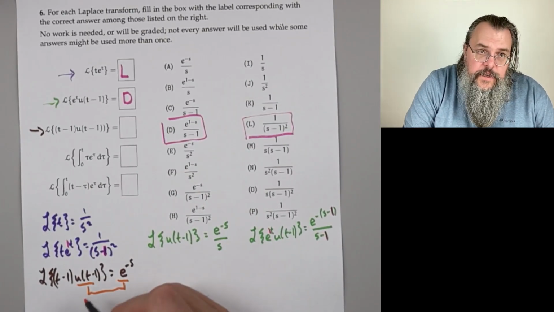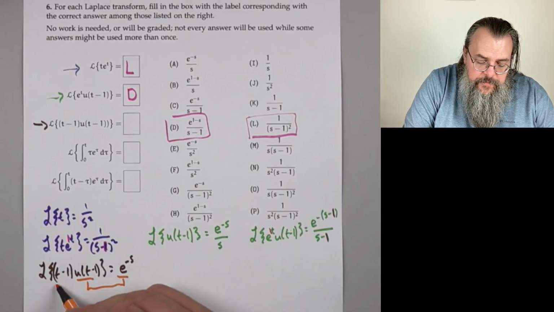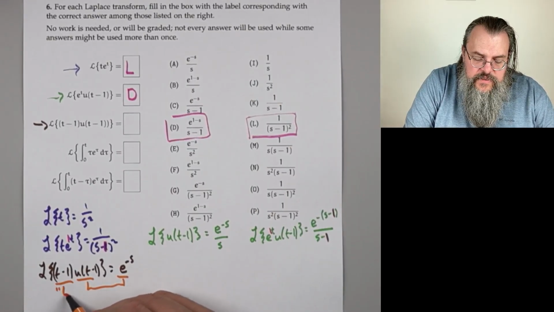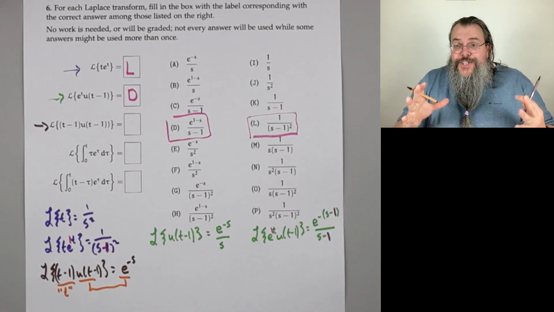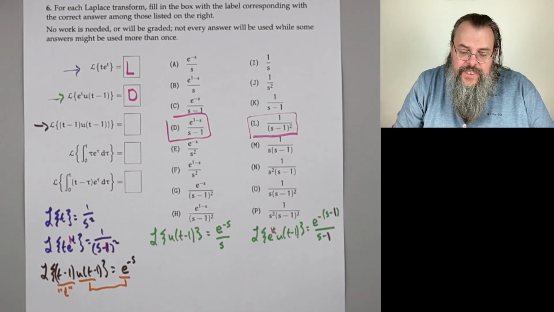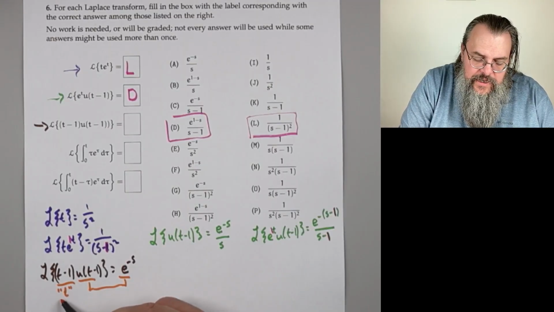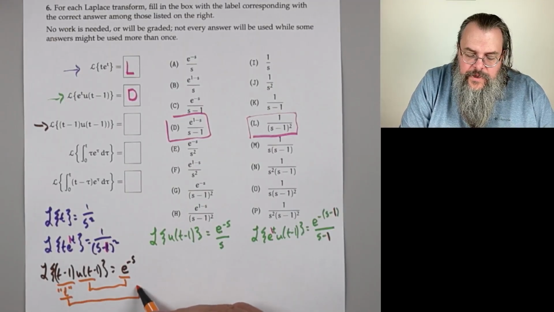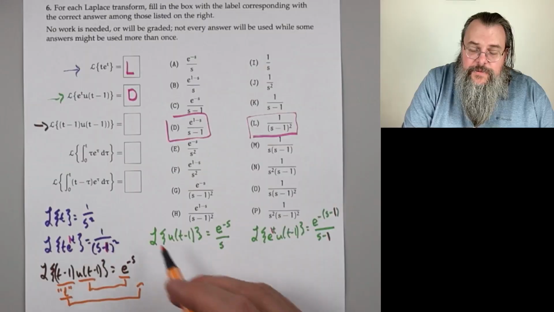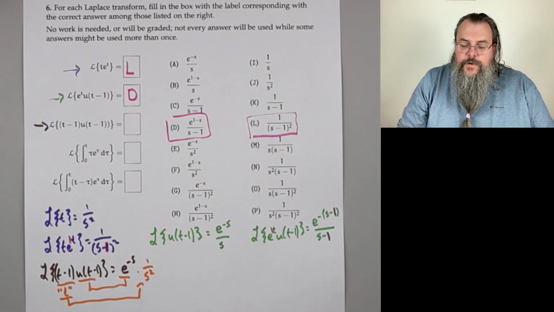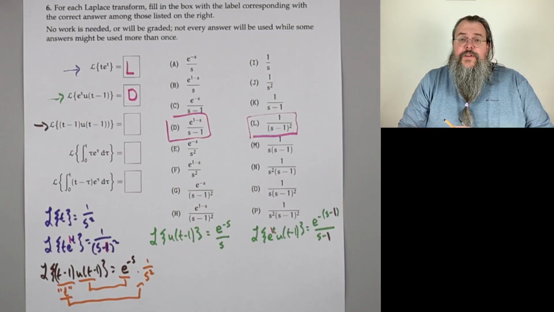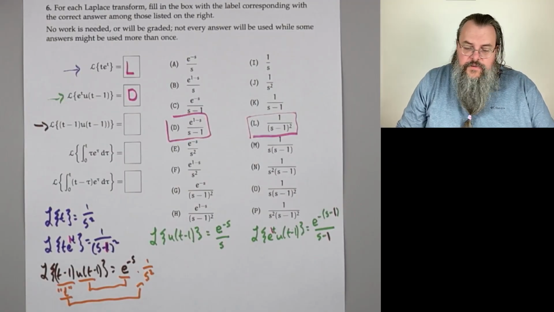And then this other part, think of this as just the function t. What would the function be if there weren't the shift? The answer is t. Well, we know how t goes. We did it before. So that's 1 over s squared. So we're searching for e to the minus s times 1 over s squared.